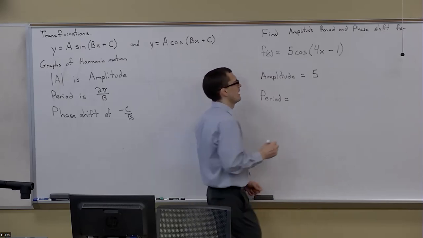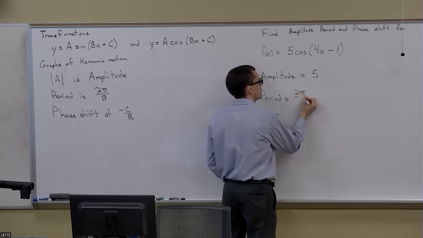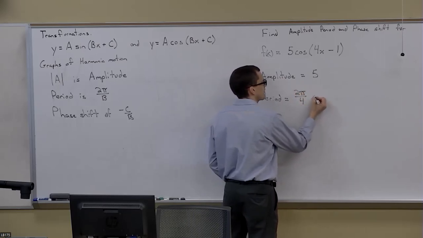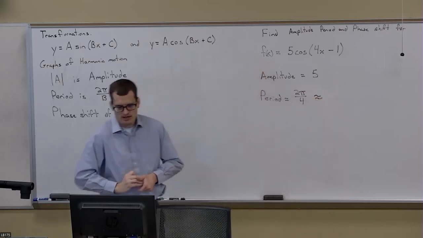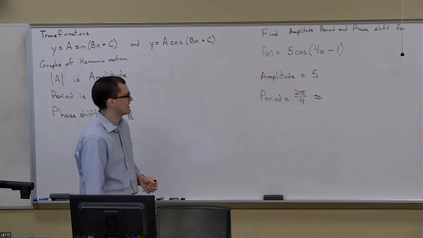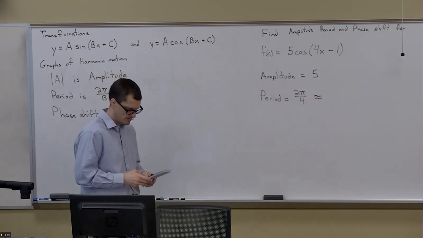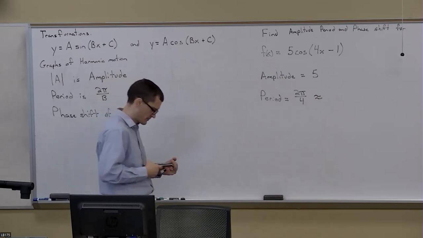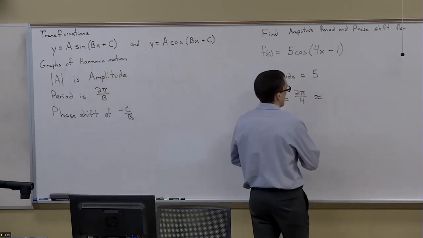Okay. Fundamental period is going to be 2 pi divided by 4. And in Moodle, I think it's going to ask you to round that to 2 decimal places. So about 1.57, that's pi over 2, but about 1.57.